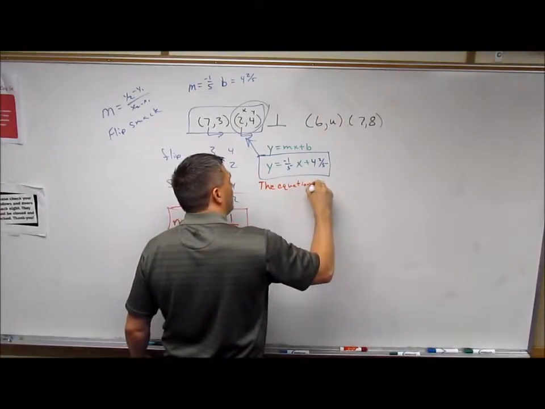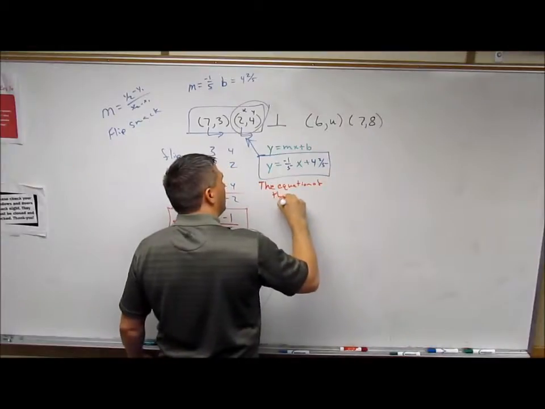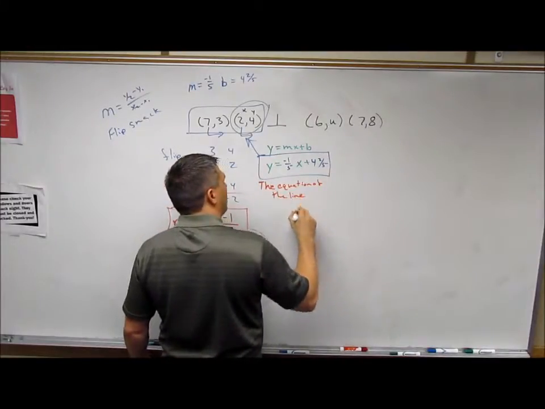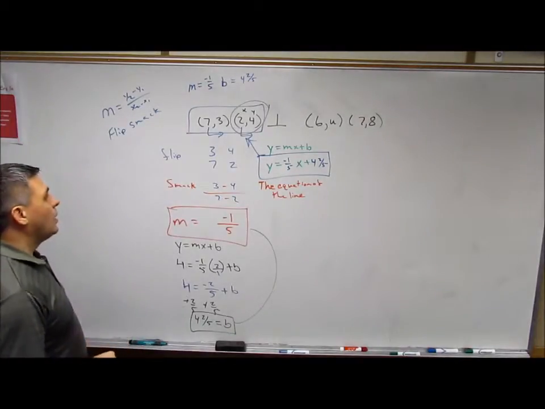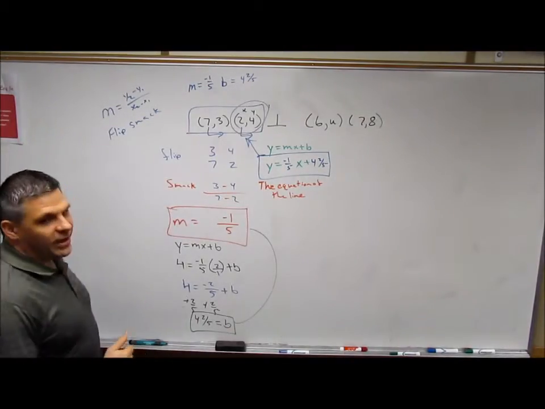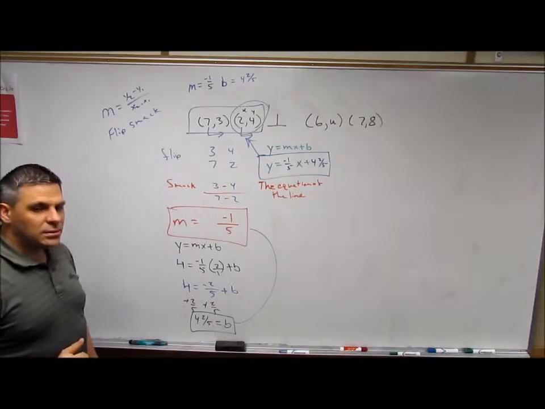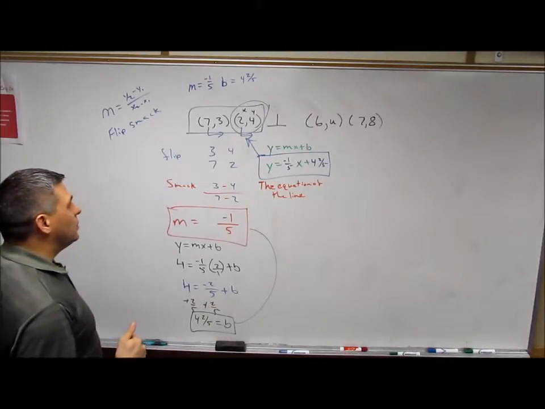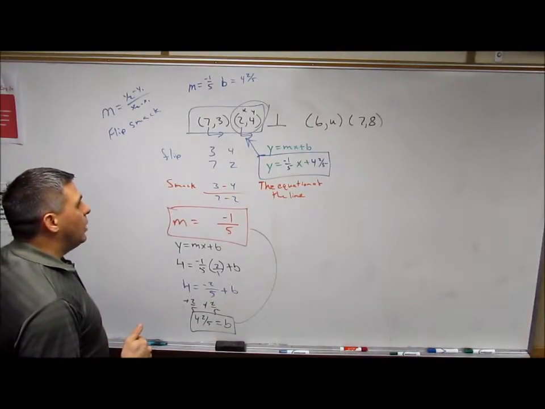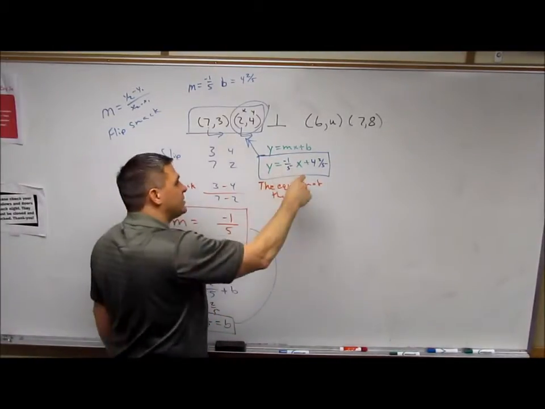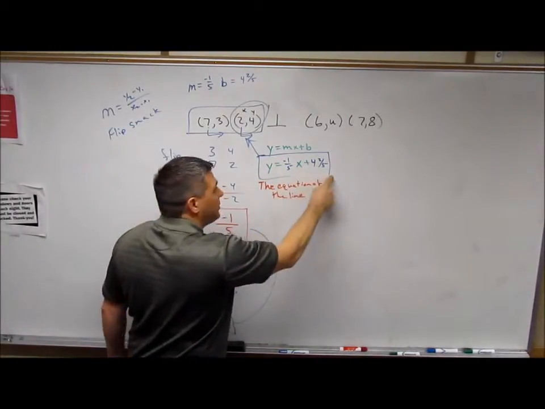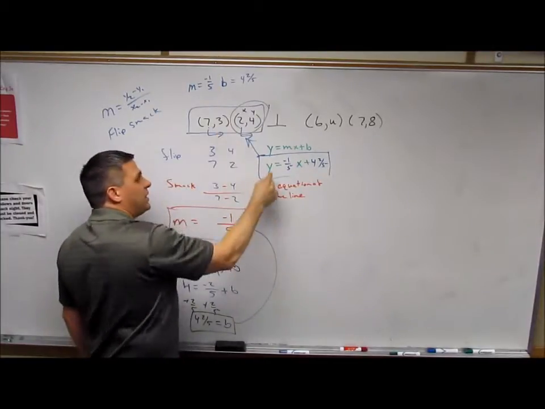Now when you say x plus 4 3/5, if you're finding y on your graph, it would be negative 1/5. Well, here's the thing. If I plug in 7 for x, and I do the math, I should get 3 for y.